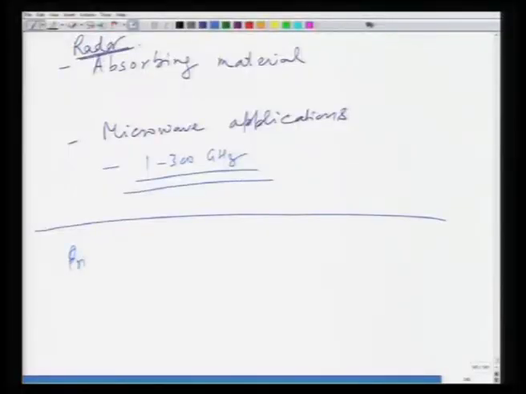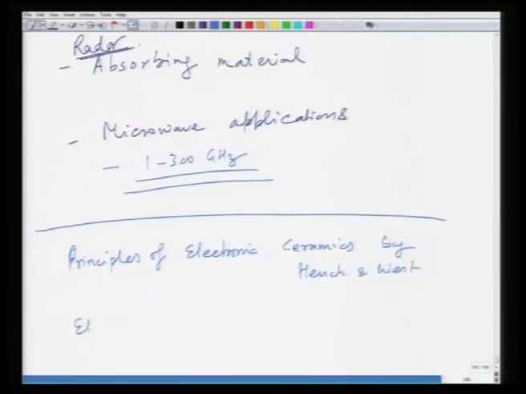I have suggested some books for you. You can read Principles of Electronic Ceramics by Hench and West, and Electroceramics by Moulson and Herbert.